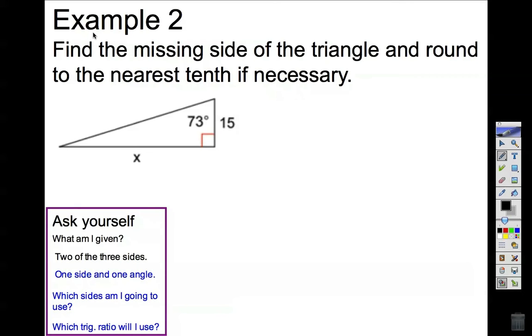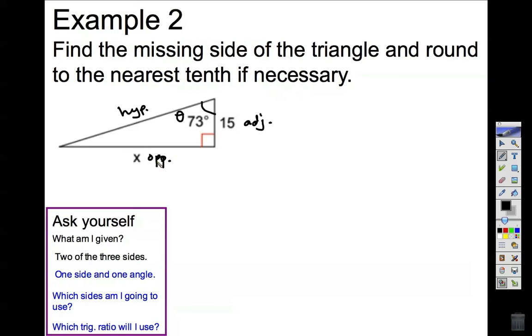Again, are you given two sides, or are you given one angle and one side? Here I'm given an angle at 73 degrees. This is my opposite. This is my hypotenuse, because it is opposite from the 90 degrees. Here's my given angle. This is my opposite side of angle theta. This is my adjacent side.